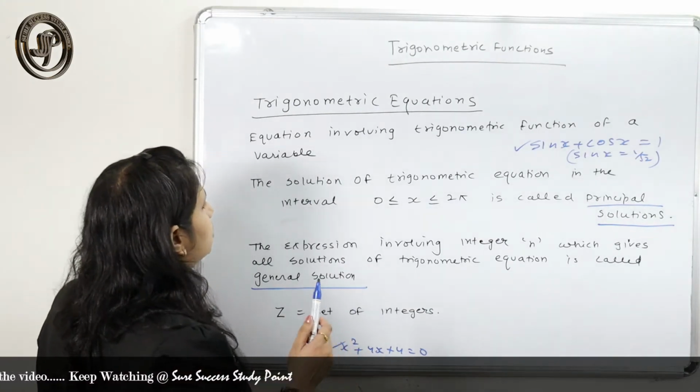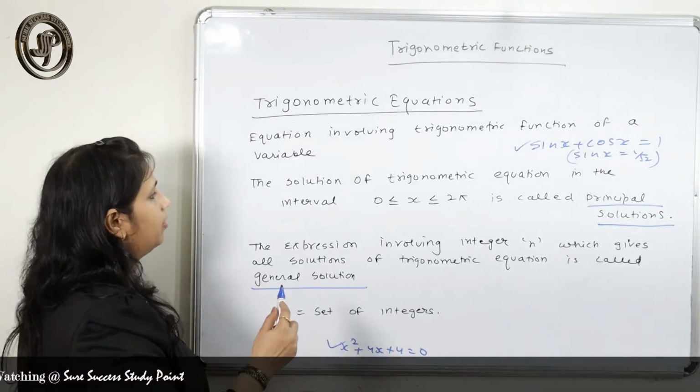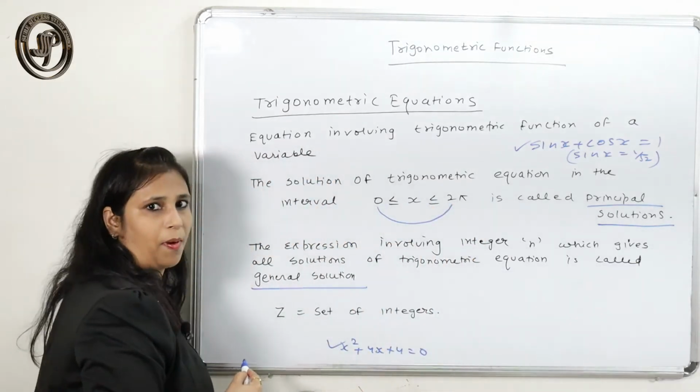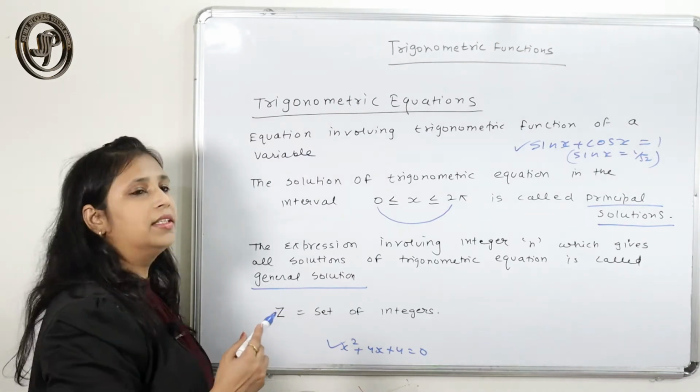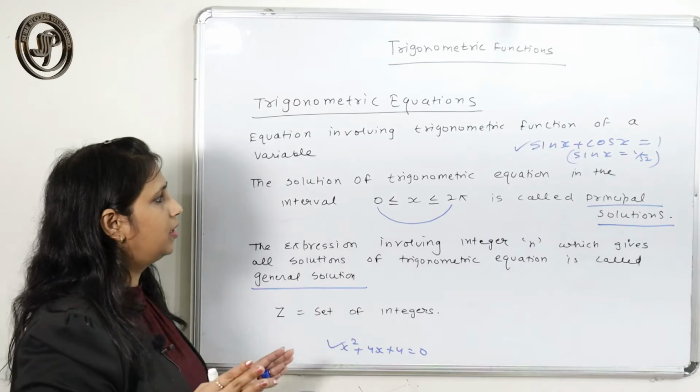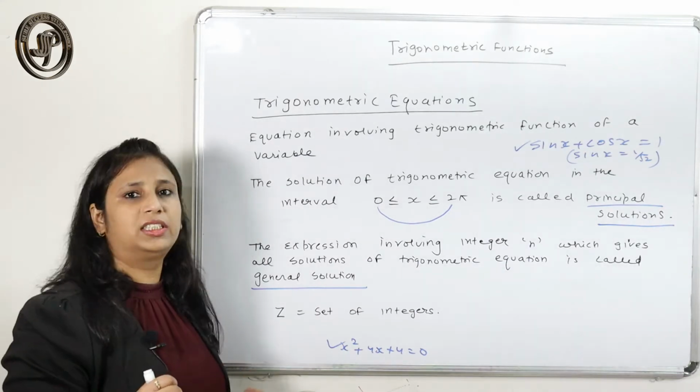The solution of a trigonometric equation in the interval 0 to 2 pi, if I write the answer between 0 to 2 pi only, is called the principal solution.